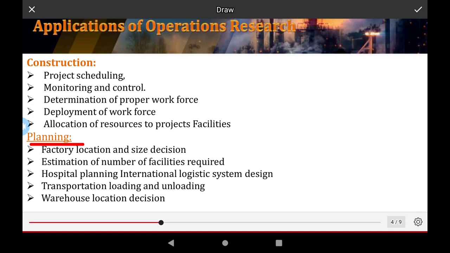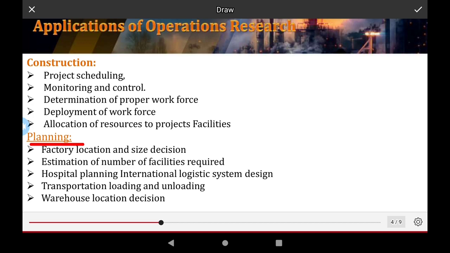You are making the plan for plants, factories and locations, and you select the factors by analyzing the surroundings of your plant and factory.